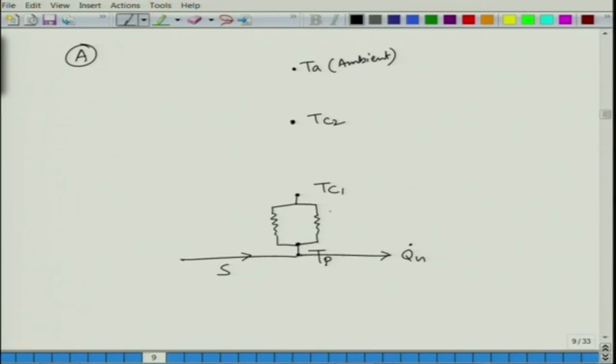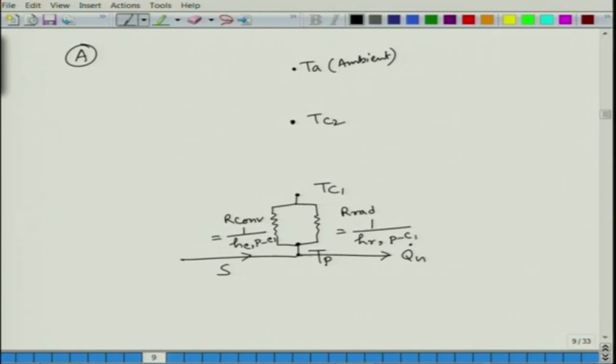So, this is the convection resistance, which is 1 over Hc, where Hc stands for convection, comma P to C1, that means from plate to cover 1, and the other part will be radiation between these two, which we can write in terms of Hr comma P to C1.